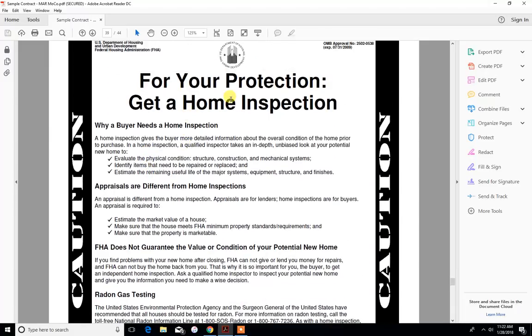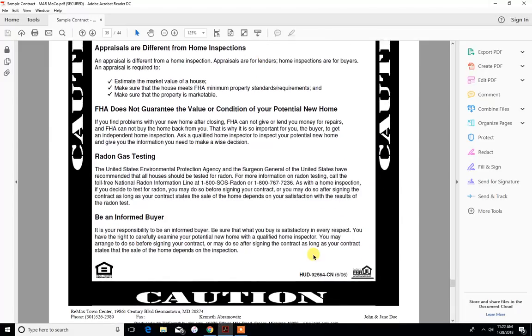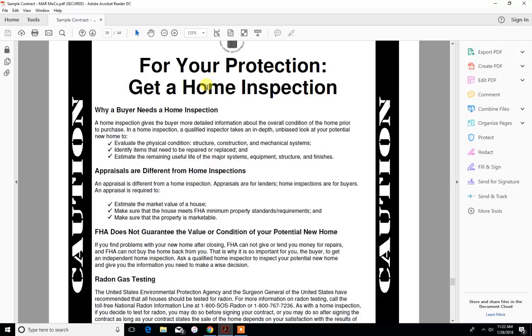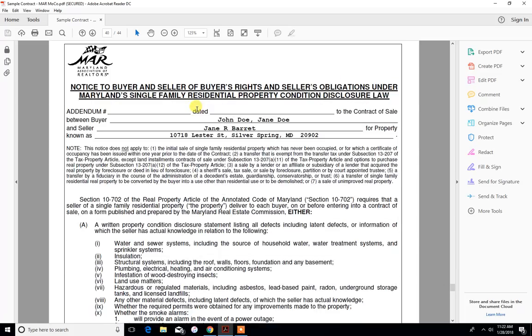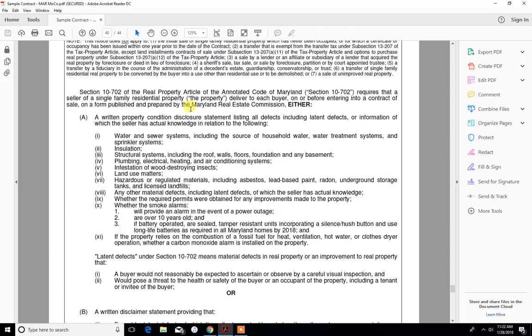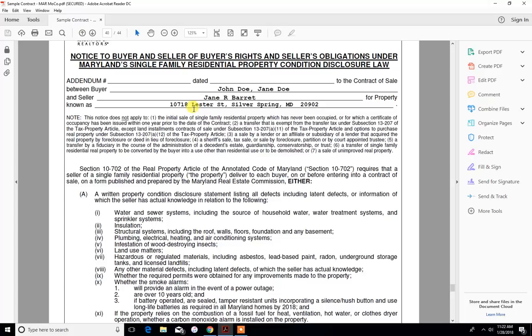Here's the one that says, for your protection, get a home inspection. Jane and John Doe, please initial here. I'm telling you that you should get an inspection. This document is normally included with the disclosures, but sometimes it's not. So let's say that it's not. I would give this to them and say, this is 2 pages saying that you have a right to get all the disclosures from the seller.